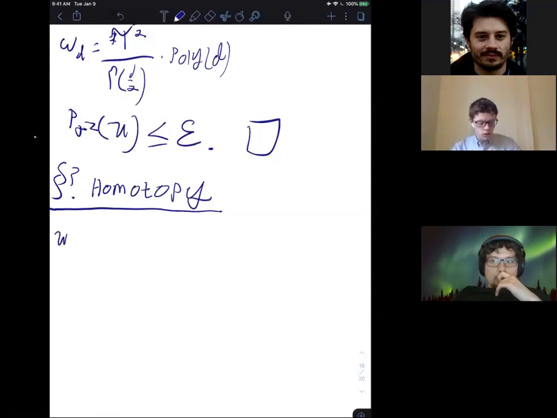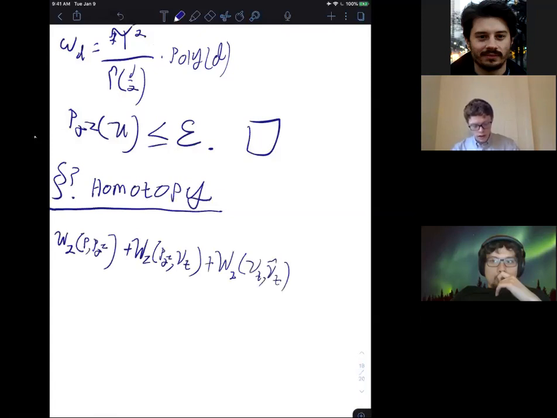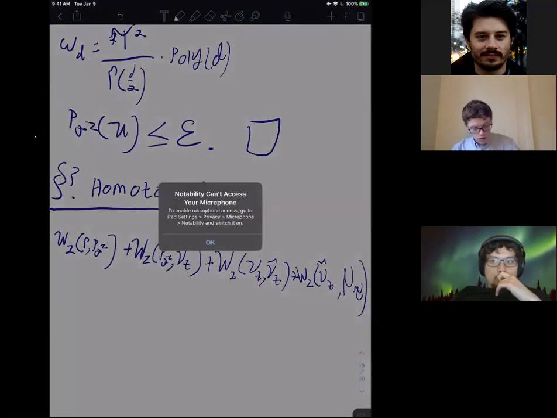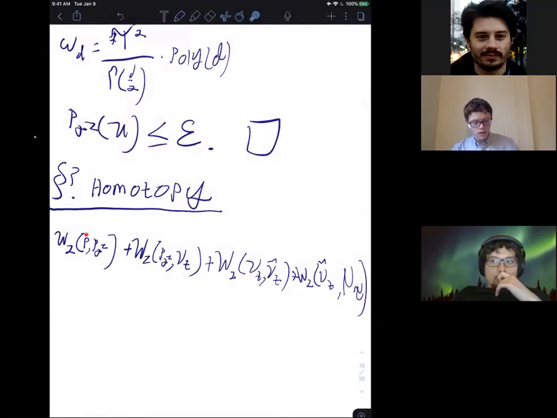We have W2 of p sigma squared, W2 of p sigma squared and nu t, nu t hat, and finally nu t hat and mu tau. This term is because p sigma squared and p are not quite the same. This term is the lack of convergence to the stationary distribution. These are the two different diffusions, and this is the discretization error.